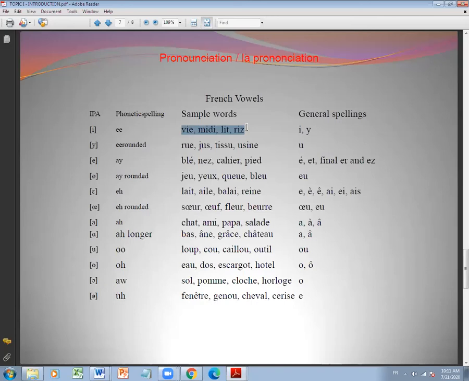Vie. You understand why it is "vi"? Because of the E at the end. The E at the end is silent, but letter I is not silent. So we say vie. Yes, vie.